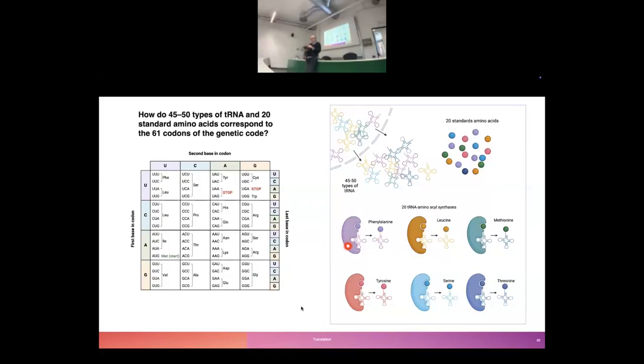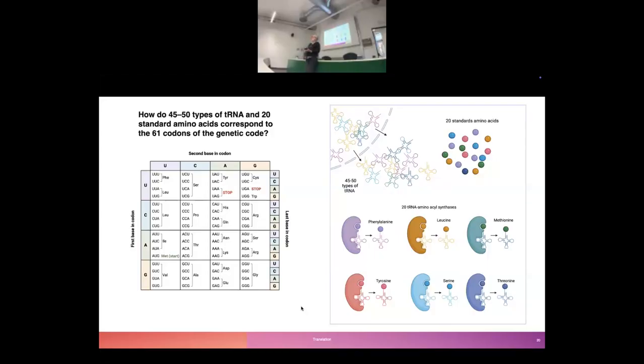We mentioned that there's one for each of those amino acids. So that means that they will accommodate 45 tRNA. That means that some of those will accommodate more than one tRNA.